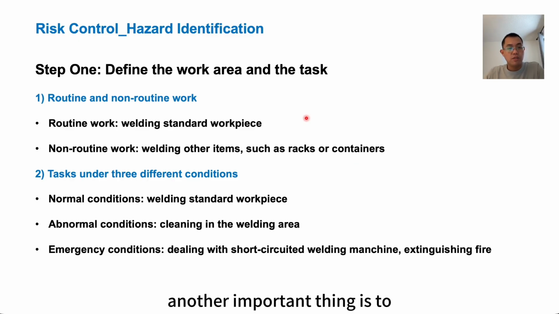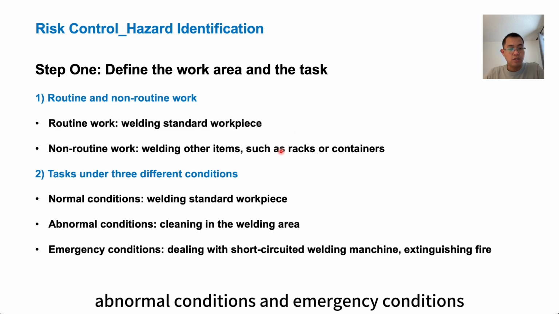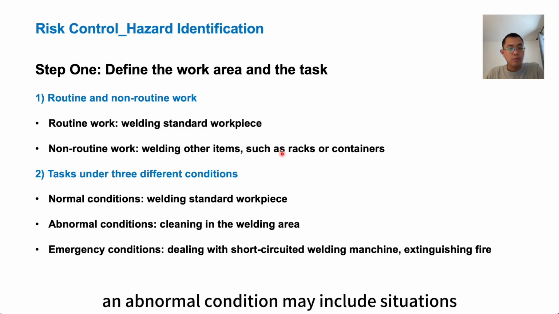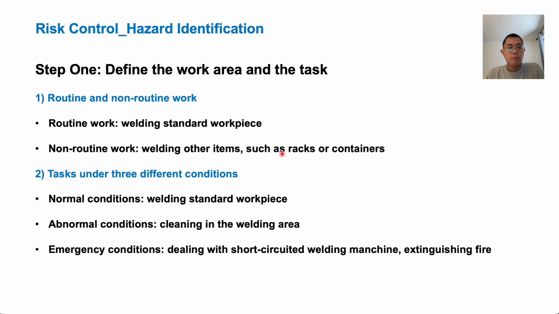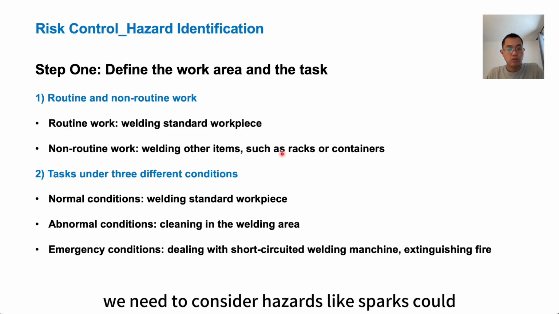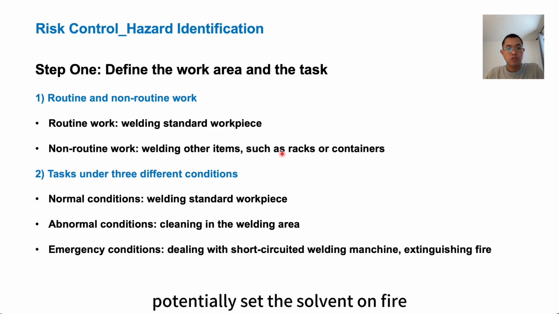Another important thing is to consider three conditions: normal conditions, abnormal conditions, and emergency conditions. An abnormal condition may include situations, for example, solvents are being used in the welding area to clean something. So this is an abnormal condition. We need to consider hazards like sparks could potentially set the solvent on fire.